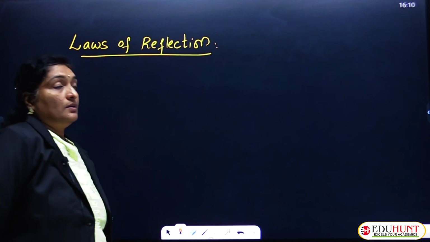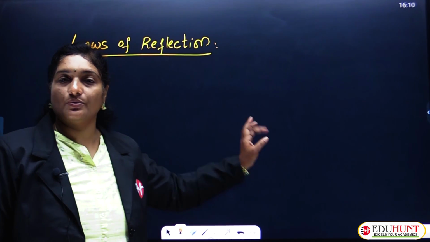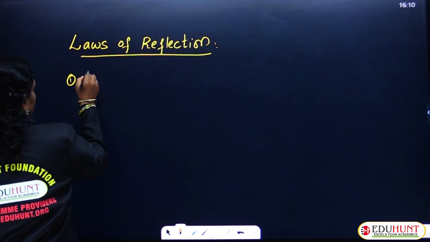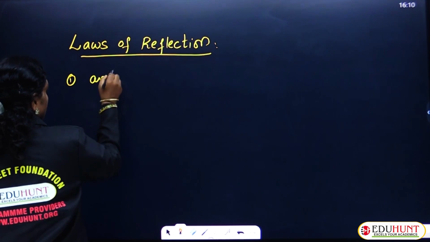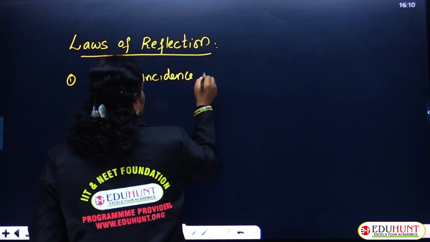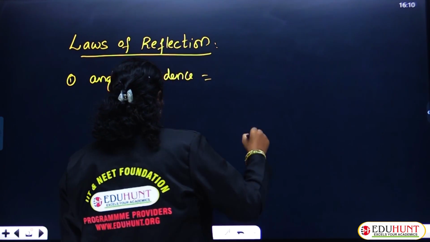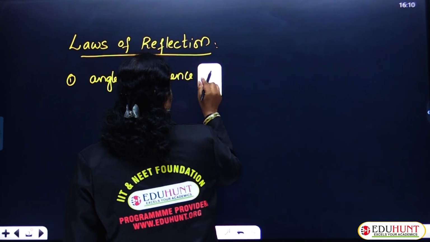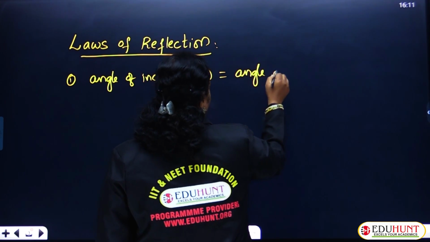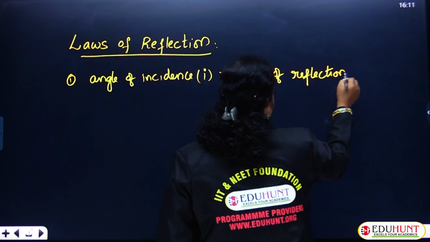Well, you need to remember two main laws related to reflection. The first law states that the angle of incidence is equal to the angle of reflection. The angle of incidence i is equal to the angle of reflection. This is the first important law.